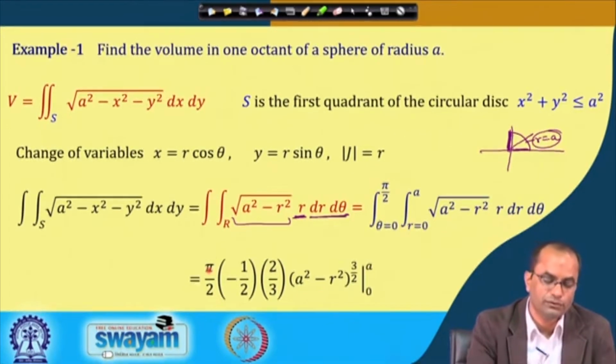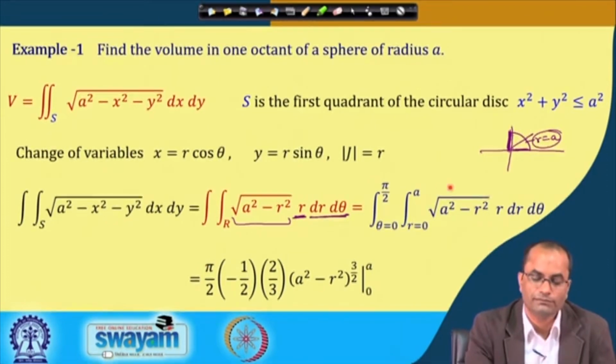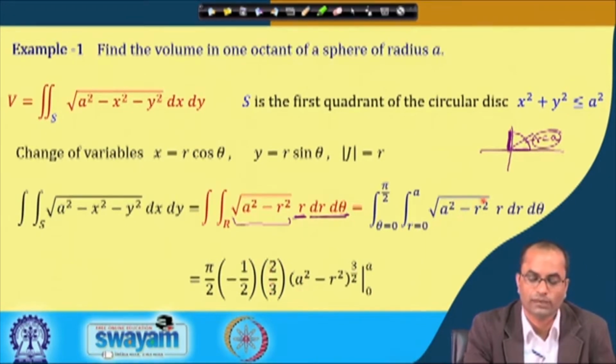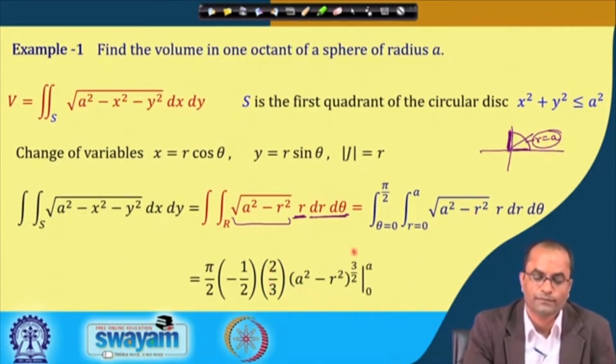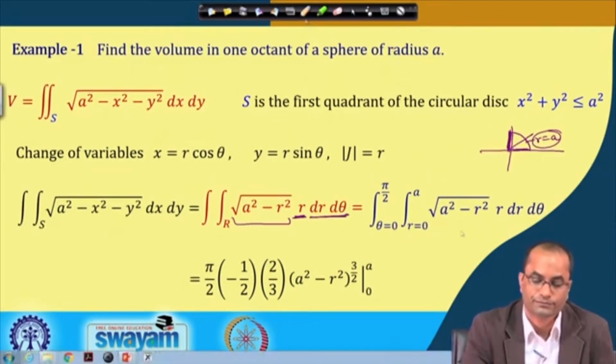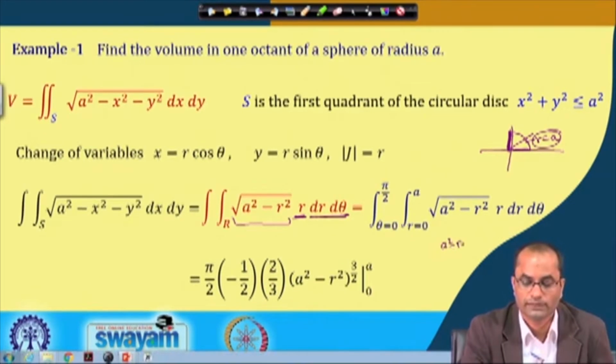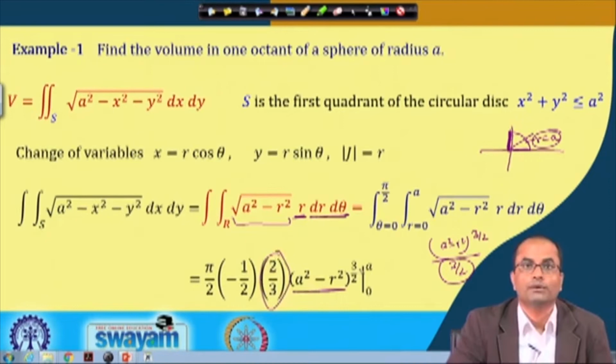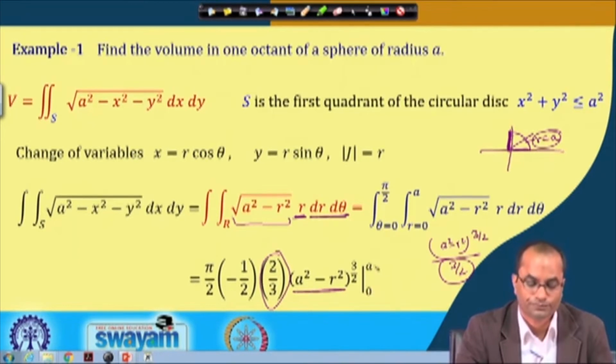So, we will get pi by 2 from the outer integral, the minus half factor from the integral will come, and then the integral will be this 2 by 3 and a square minus r square power 3 by 2, with the limits from 0 to a.